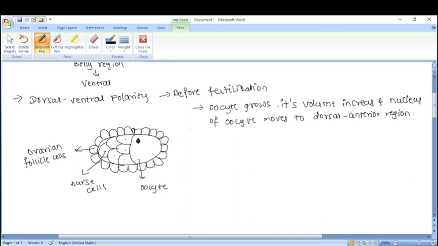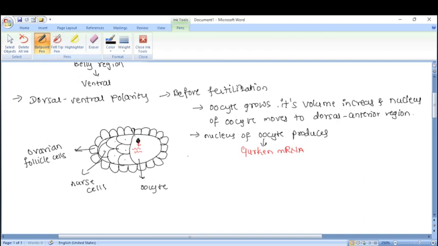Now later what happens? The nucleus of the oocyte produces one mRNA that is called the gurken mRNA. See here, this nucleus will produce the gurken mRNA. This is the gurken mRNA.